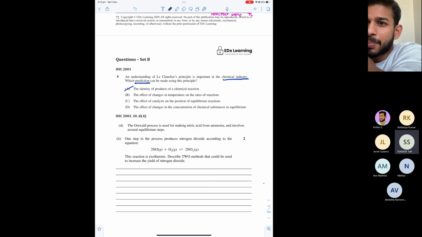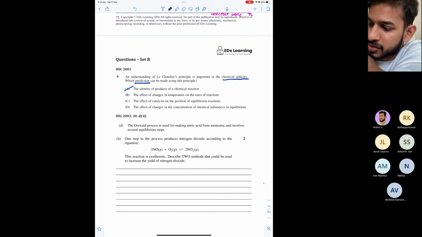I would say not really. It does talk about the equilibrium shifting to the right, shifting to the left, which is temporarily telling you what's happening to rates of reaction, but it doesn't necessarily explain those reaction rates. So I'll put an asterisk.